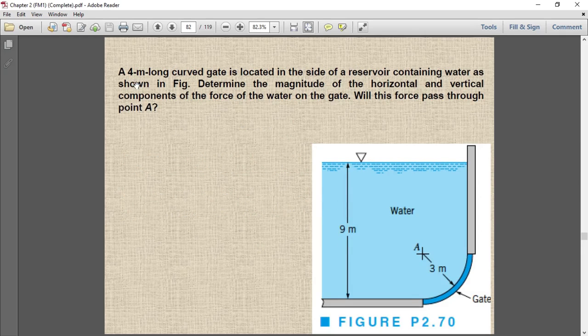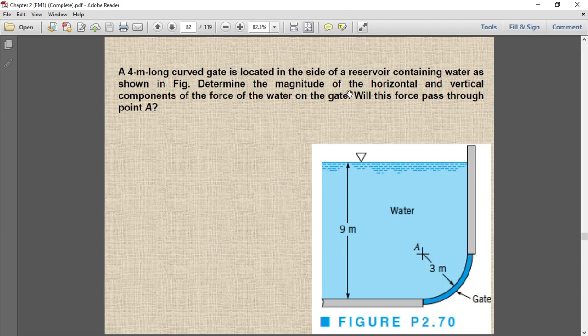Consider a 4-meter long curve. This curve is 4 meters long in this direction, in 3D. A curved gate is located in the side of a reservoir containing water as shown in the figure.